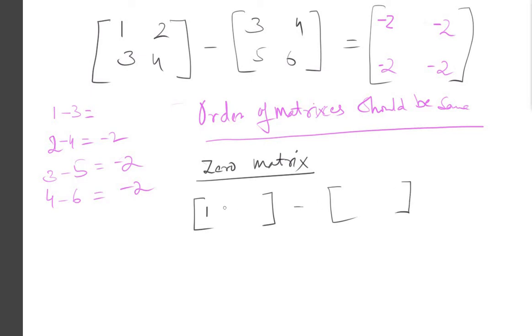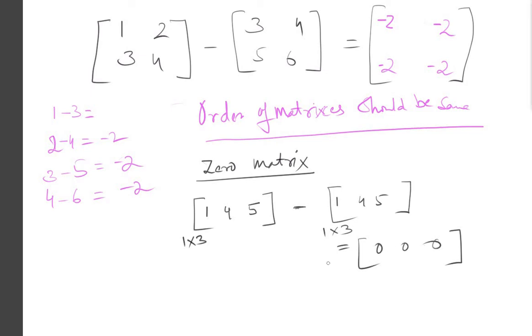Let's say 1, 4, 5 and 1, 4, 5. What is the order of this matrix? Come on, give me the order first. 1 cross 3. Awesome. And this one? 1 cross 3. Awesome. Now, can you start giving me the elements if I subtract the two? 0, 0, 0.